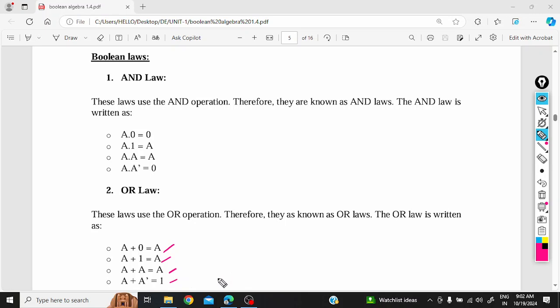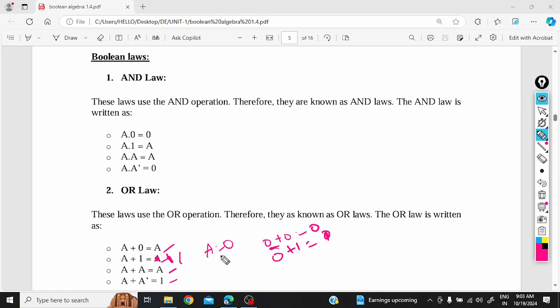For example, if I am taking the value of a to be 0, what happens? The first condition, 0 plus 0 is equal to 0 only. Next, 0 plus 1 is equal to 0, no, 0 plus 1 is equal to 1. So this was wrong, this will be 1 as output.